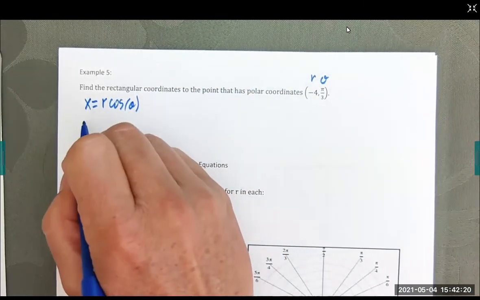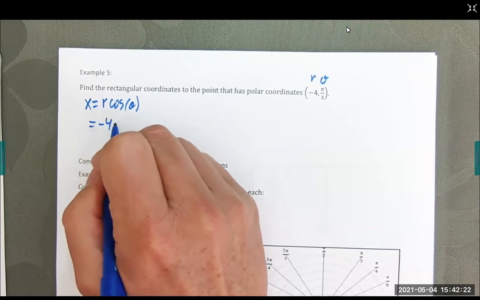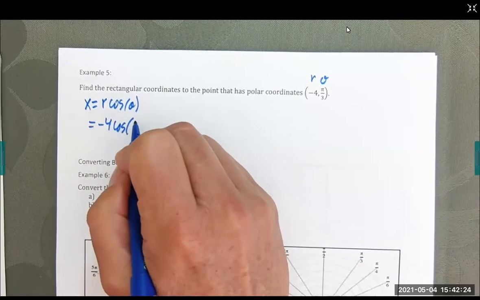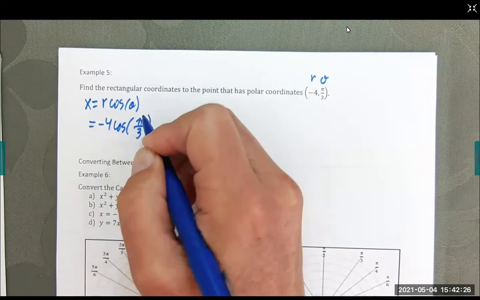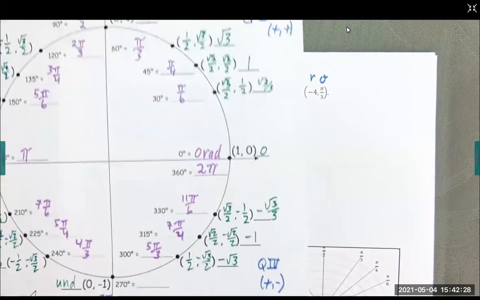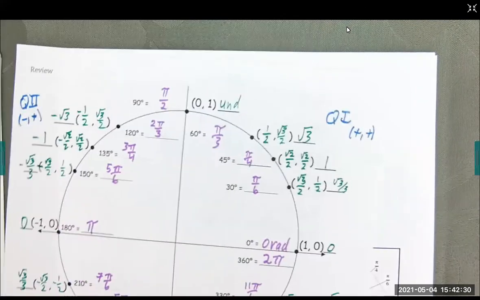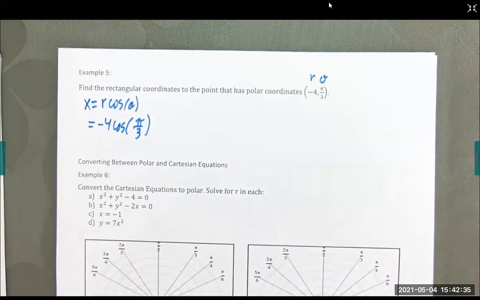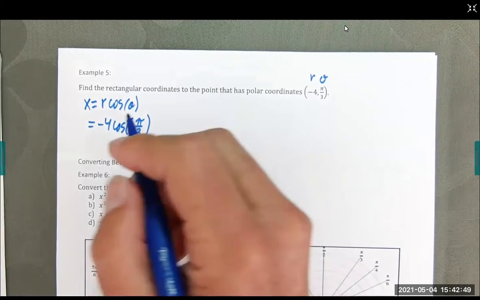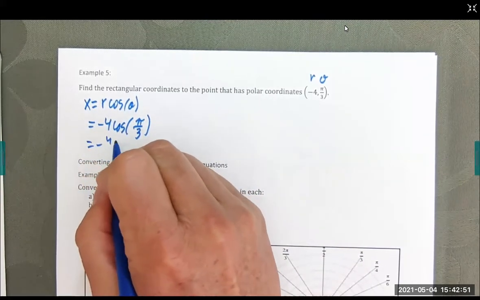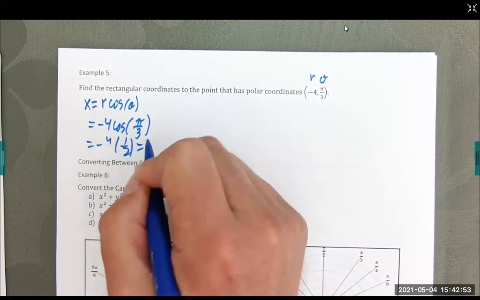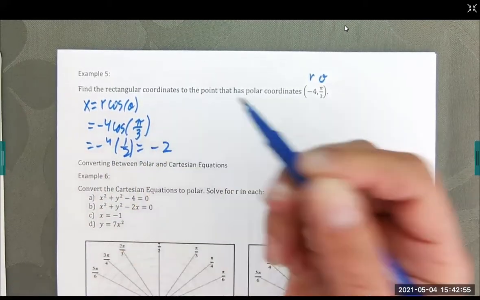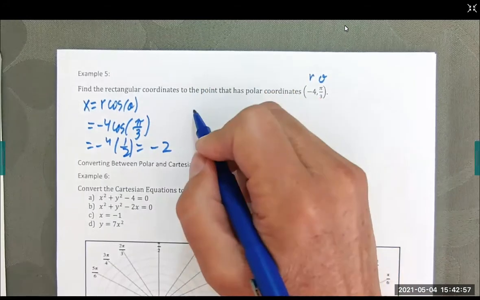And so x is going to equal -4 times the cosine of pi over 3. Using our unit circle, cosine is the x coordinate, pi over 3. It's going to be 1/2. So this is -4 times 1/2, which is -2. So there's our x coordinate.